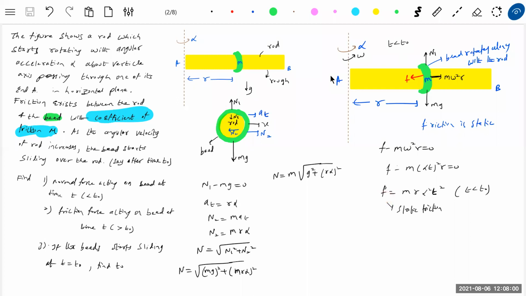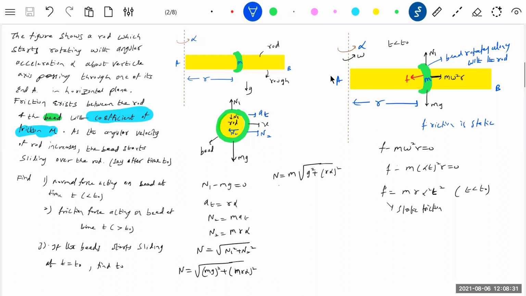So he's asking the normal force acting on the bead at time t. Okay, fine. Now we'll concentrate on the instant of time at which slipping occurs. Before that, the friction force acting on the bead at t less than t naught. What is the t naught first of all? If the bead starts sliding at t equal to t naught, find t naught. T less than t naught is what we discussed.